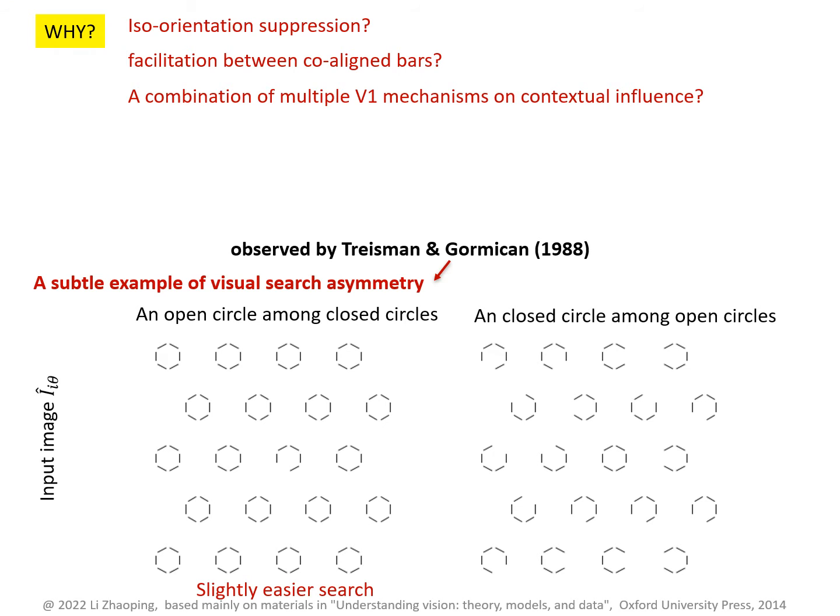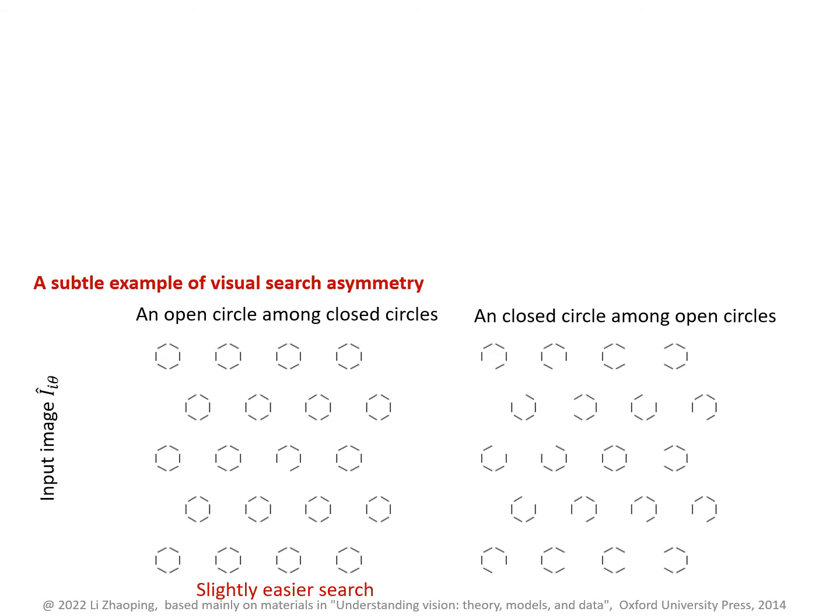Now, since this subtle example is already observed in behavioral data, it provides a critical test to the V1 saliency hypothesis using our V1 model. So we can ask if the V1 model could demonstrate the same asymmetry. To test this, we submit each of the two images to our V1 model and get the model's responses.